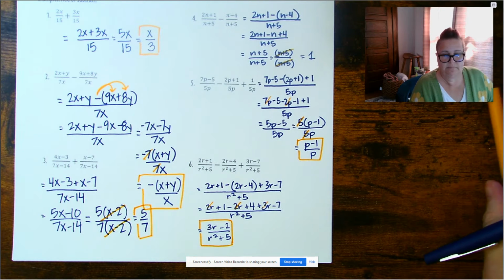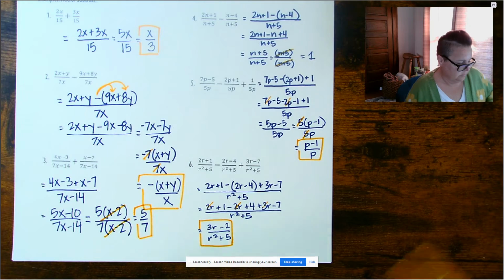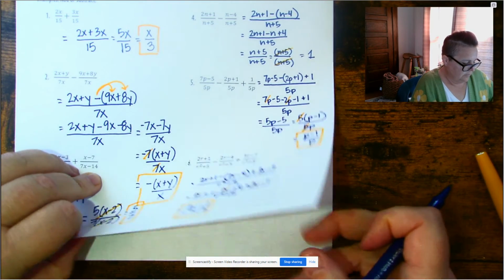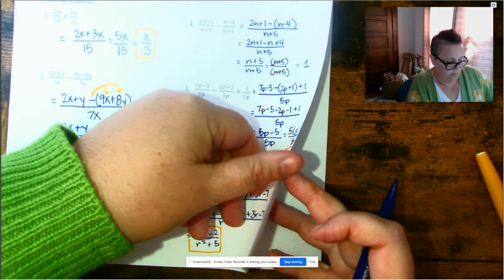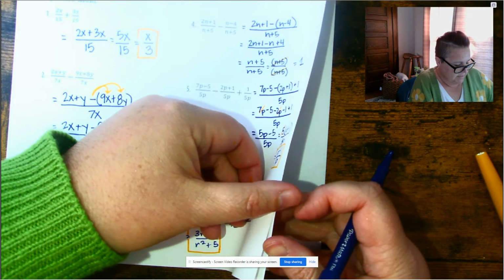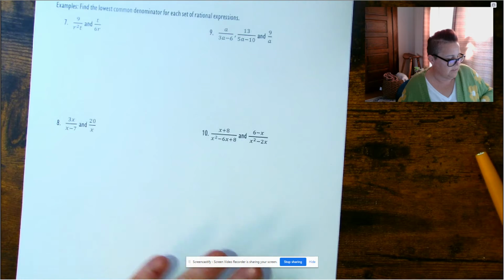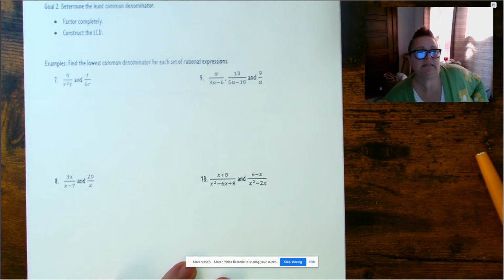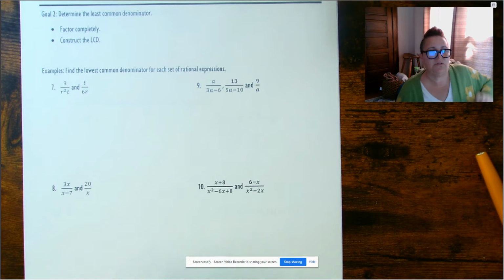All right? Okay, great. What do we got to do now? So we have simplified, we have added, and we have subtracted. So I think the next thing is determining a least common denominator, right? So how do we find the least common denominator? Well, we got to do two things.